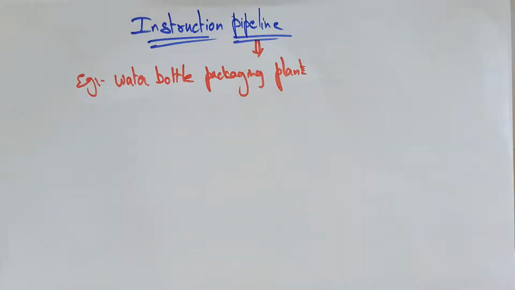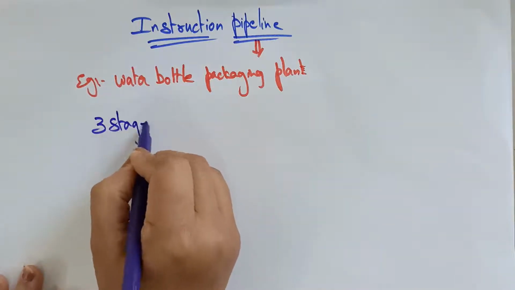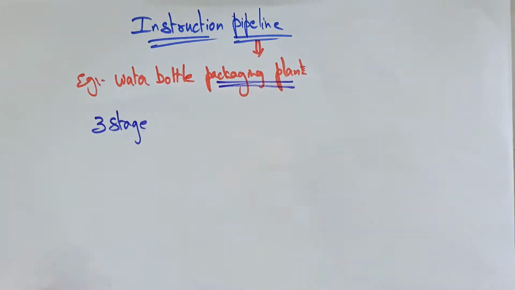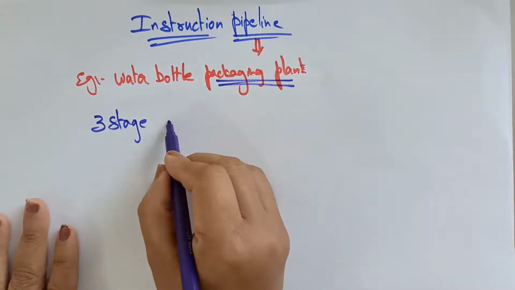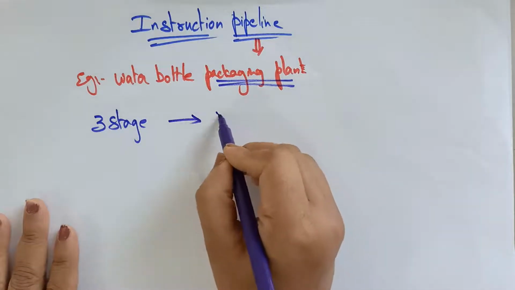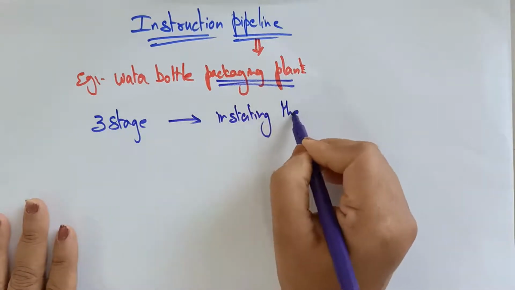So the water bottle packaging plant, if you take that company, there are completely three stages. The first stage is inserting the bottle, right or wrong? They are trying to insert the empty bottle.